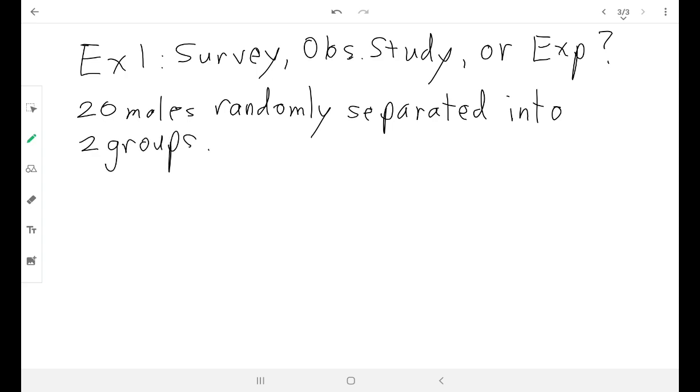So we take 20 males, we put them into two groups, and you might call this group A and group B or something like that.